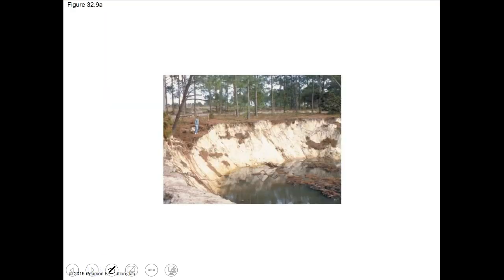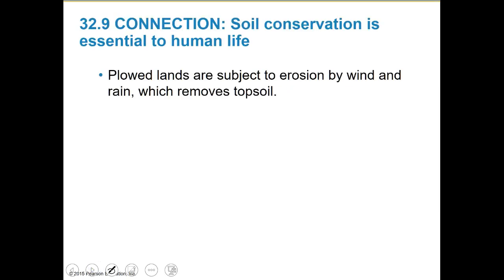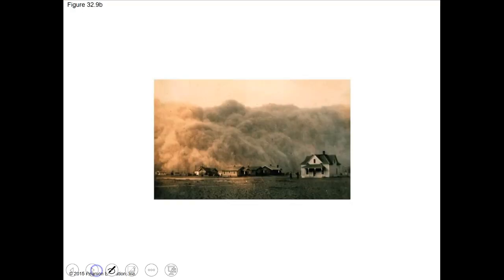We just don't do that on the scale anymore. Soil erosion can lead to dramatic changes in the soil content like you see here. Plowed lands are subject to erosion by wind and rain. It removes all that topsoil, exposing the poor soil underneath, which is not as good for growing plants.